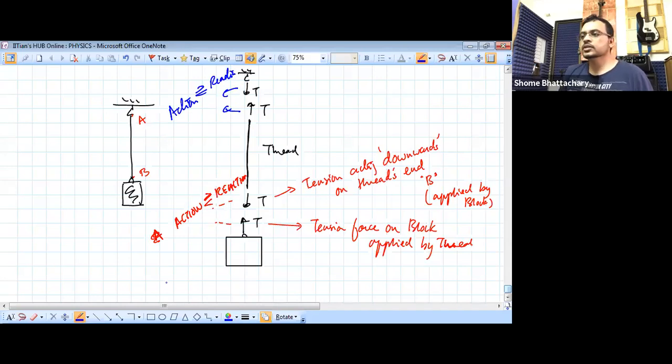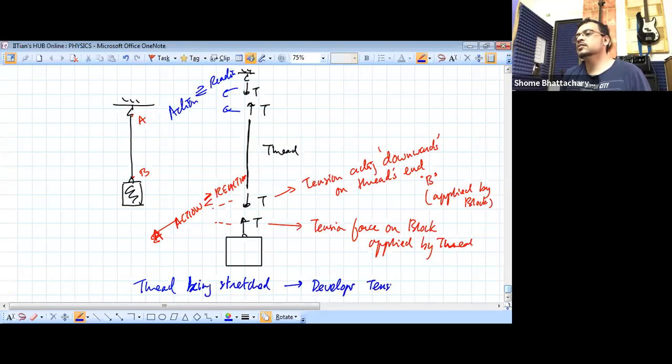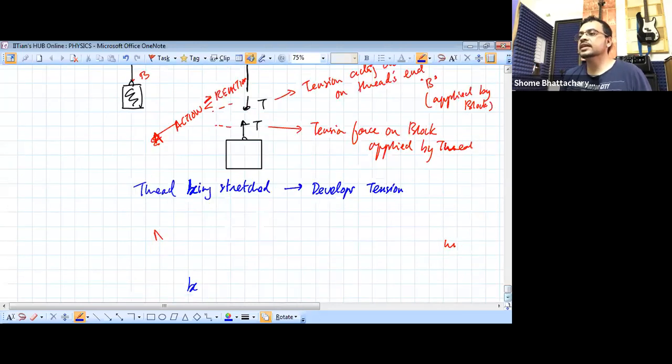So here you can see that the thread being stretched develops tension, or what in more elaborate language is called tensile force, along its length.